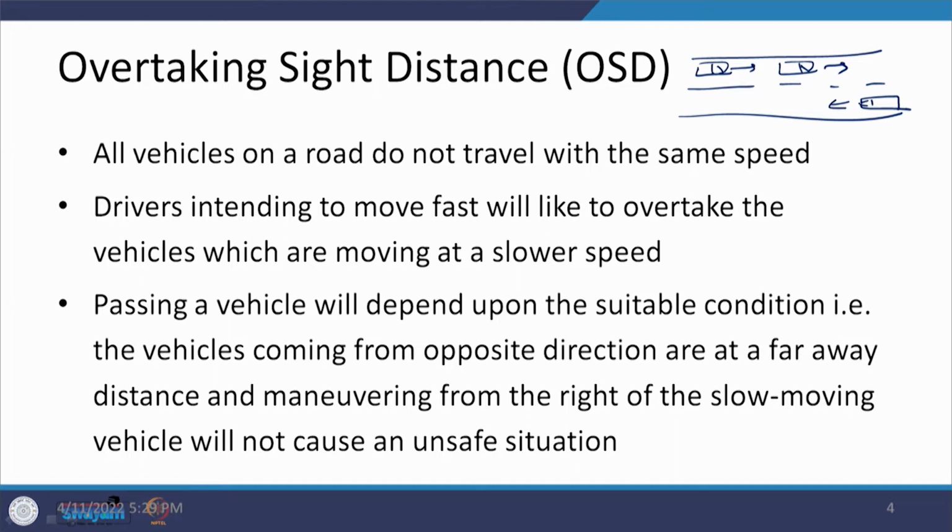Now, all these vehicles, like 1, 2 or say another vehicle 3, may not be travelling at the same speed. If they are travelling at the same speed, it means they are going with lane discipline. They are maintaining the distances between the vehicles so that there is no collision. So, they may be maintaining SSD at a given speed, that is the design speed, and that is going to be a very orderly movement of the traffic.